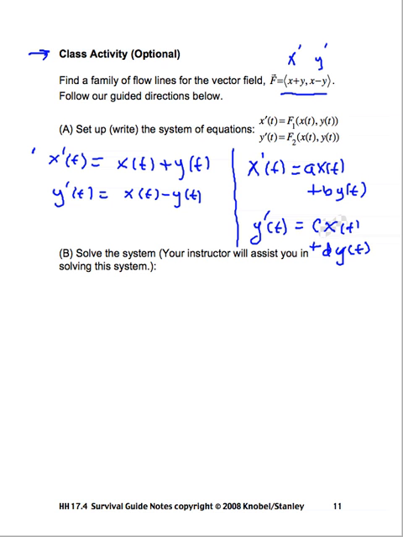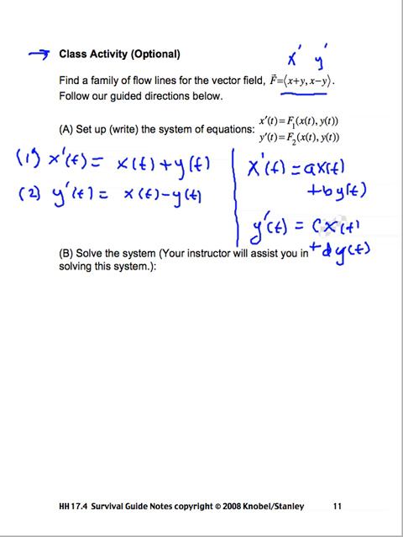To make matters easier, just so I can refer to these, I'm going to call this equation 1 and this equation 2. The first thing I'm going to do is turn this system into a single differential equation involving just x.